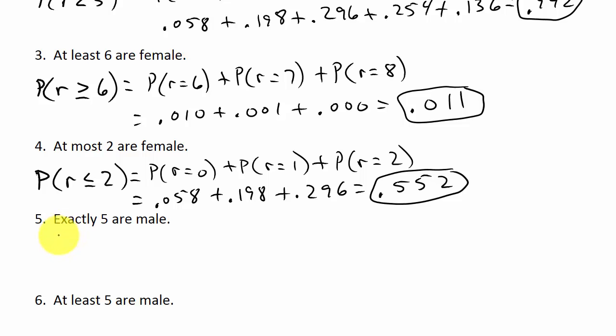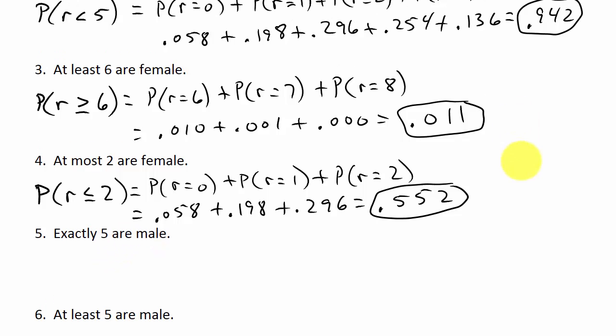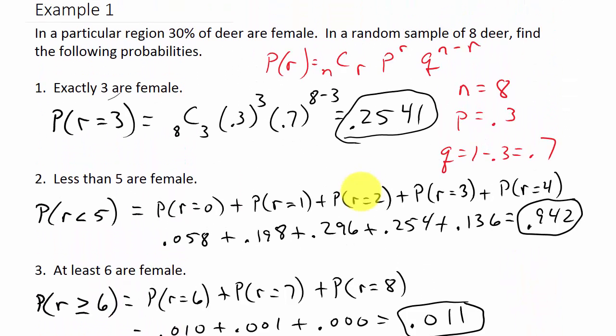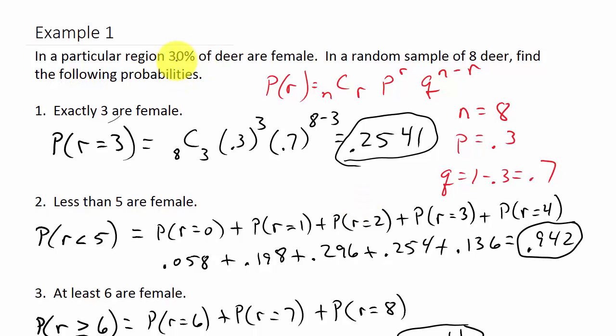And it says exactly 5 are male. Okay, so this changes. This right here, 0.3, remember, p is the probability of a success. So 0.3 is p, and p represents the probability of success that it's female.